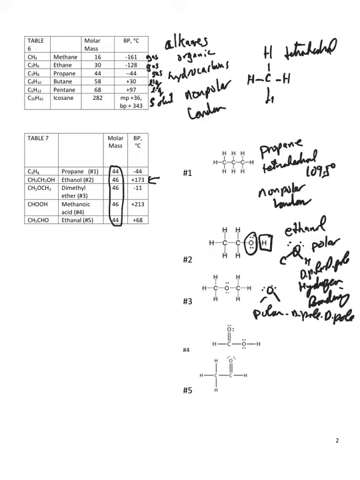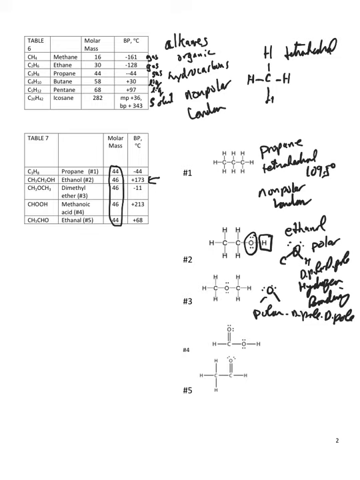So what gives here? It is polar. The thing is, it cannot hydrogen bond with another molecule of itself. Yes, it has hydrogens, and yes, it has an oxygen, but the hydrogen has to be directly covalently bonded to an oxygen in order to hydrogen bond. So that's why it has a lower boiling point than ethanol, and yet higher than propane.